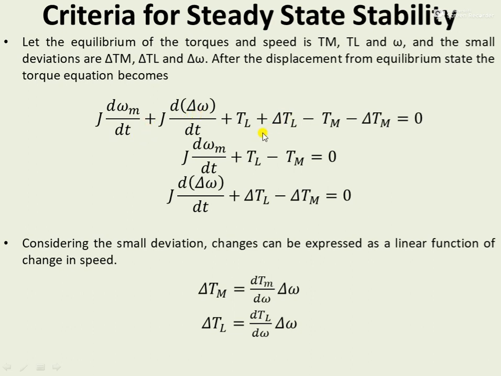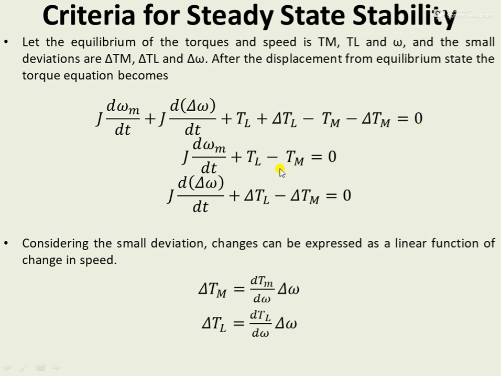So making suitable substitutions, instead of TL we will be making the substitution TL plus delta TL, and instead of Tm we will be making the substitution Tm plus delta Tm, and instead of omega m we will be making the substitution omega m plus delta omega. Hence the new fundamental torque equation due to the effect of disturbance can be written in this form.